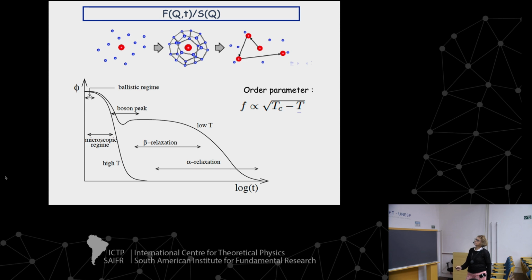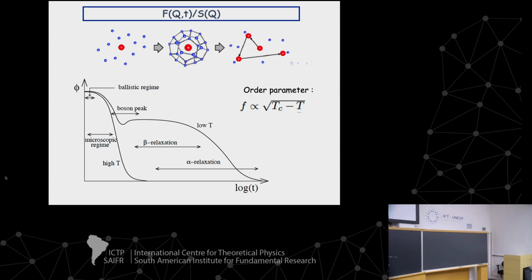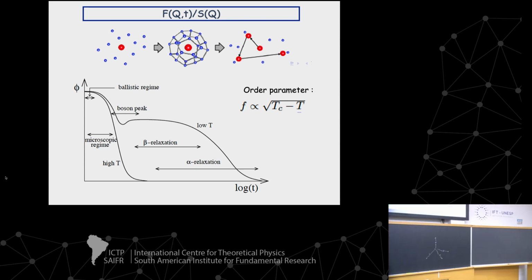Let me spend some time, you will come back to that, on this overshoot here. This is what we call in our field the boson peak. It is a quantity that is still under debate, but it's a sort of phonon-like or solid-like behavior, a local oscillation of the liquid that starts when you cool down the liquid.